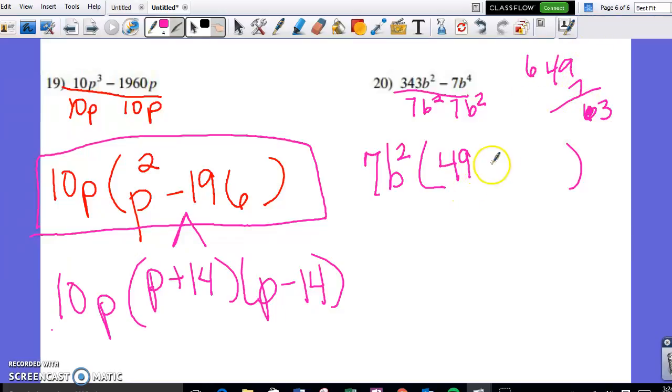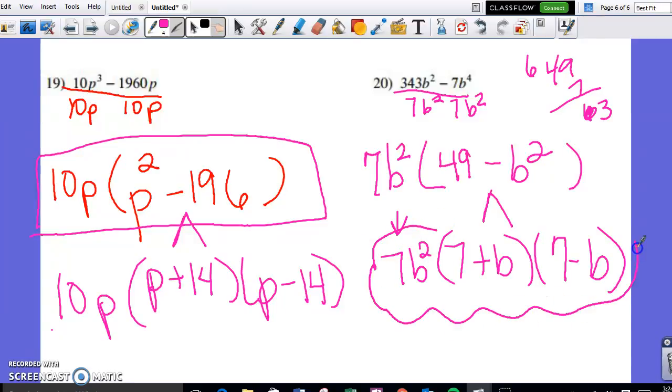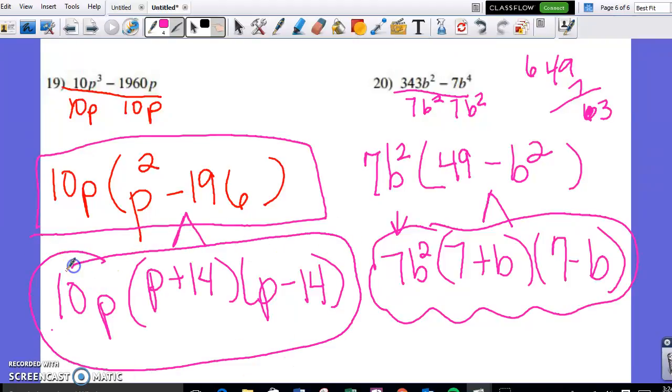Okay, yeah, that's right. 49 minus b squared. Now, this is also a difference of squares. So I'm going to break this down and do 7 plus b, 7 minus b. Now, I still need to bring down my GCF. This is the final answer, just like this is also the final answer. If you leave a difference of squares in there, it's not completely factored.